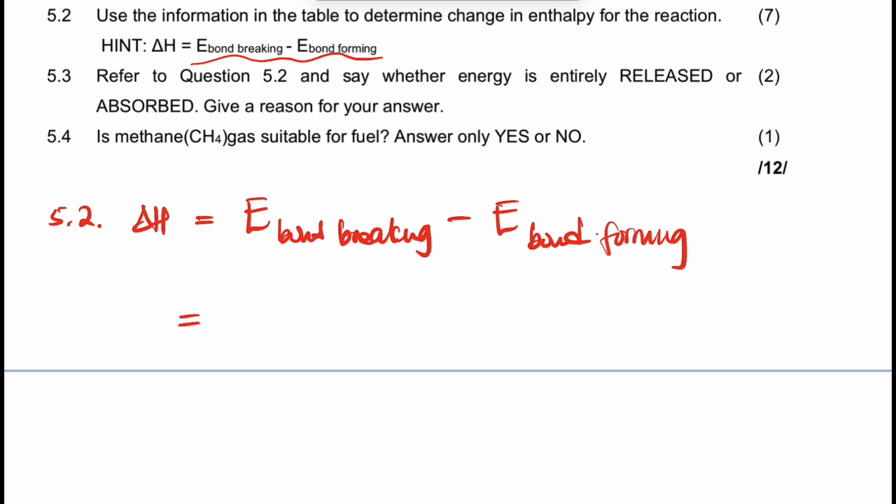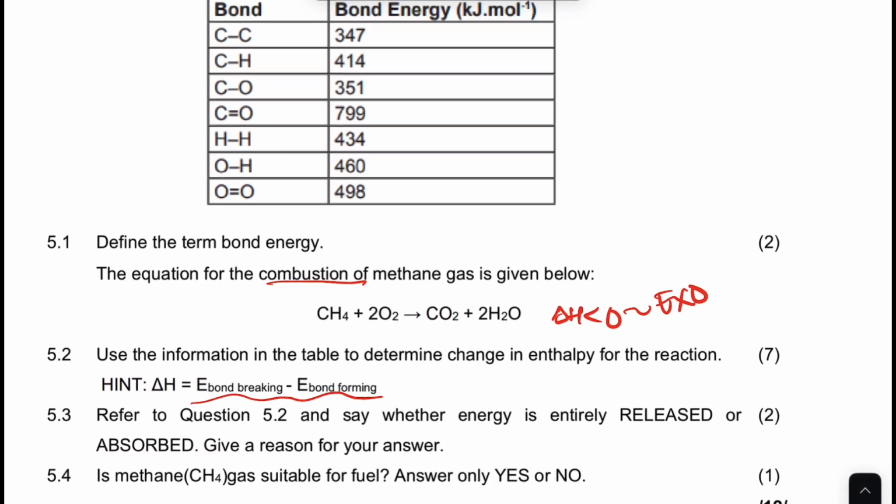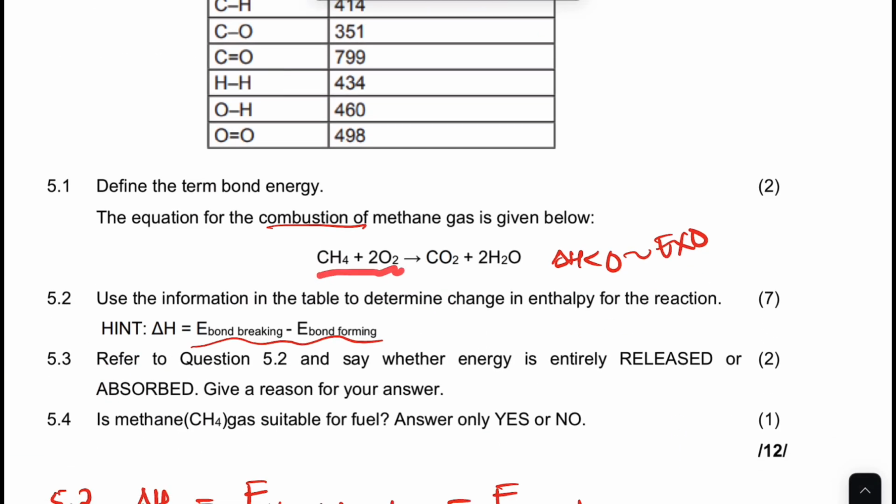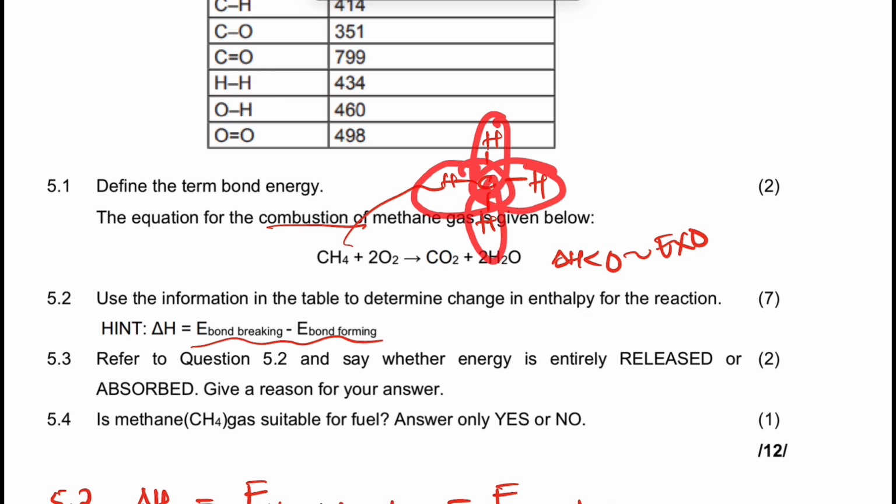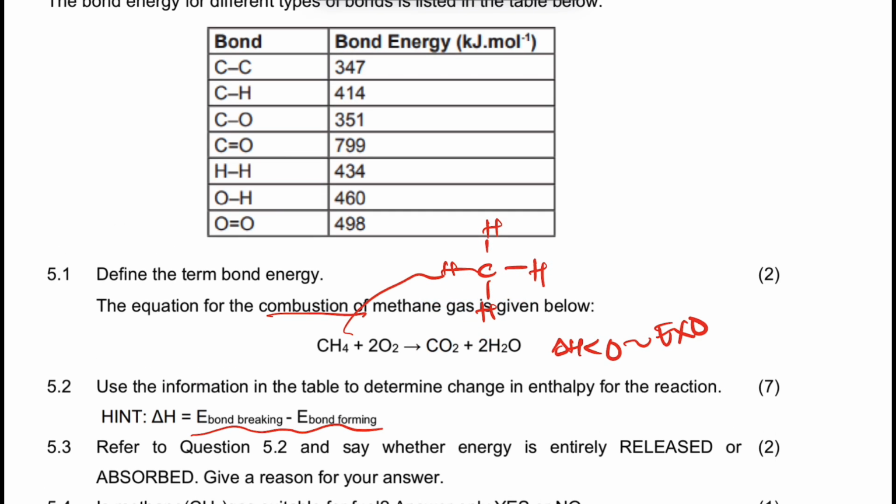The bond breaking happens in the reactants, so we start with CH4, which is methane. How many CH bonds are there? There are 4 of them.